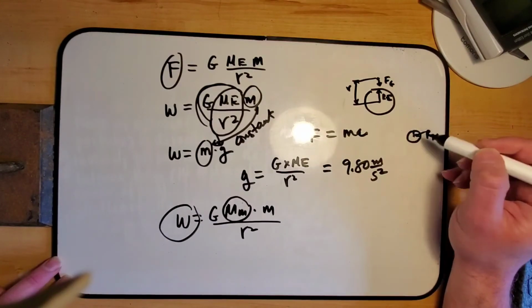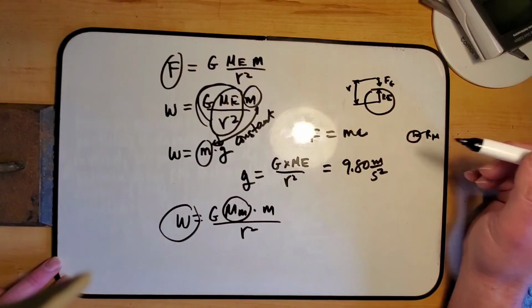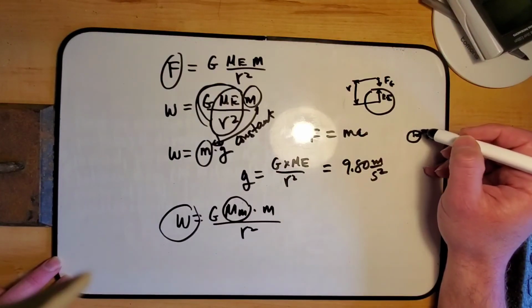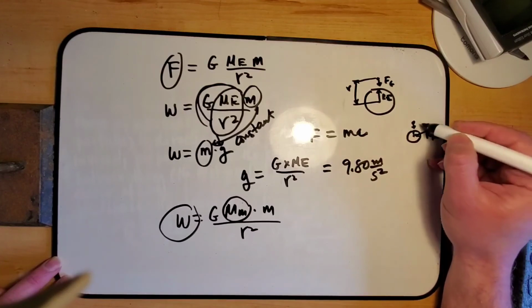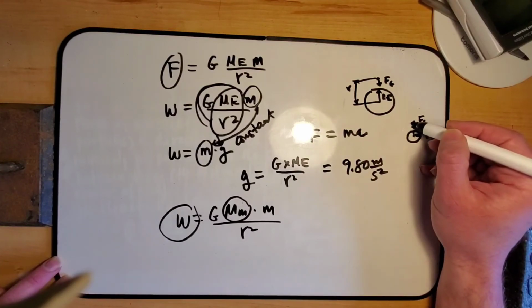However, the mass is much smaller than the Earth's mass. And what's going to happen is this object is being pulled by some force of gravity.